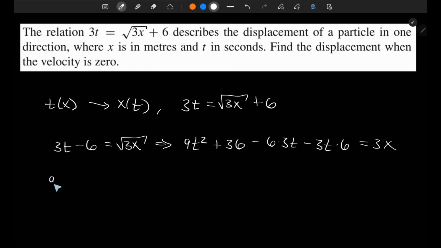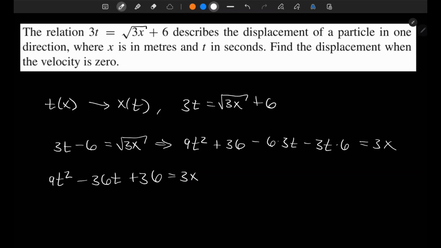So what we get is 9t squared minus 18t minus 18t, so that's minus 36t, plus 36 is equal to 3x. Then we can solve for x.